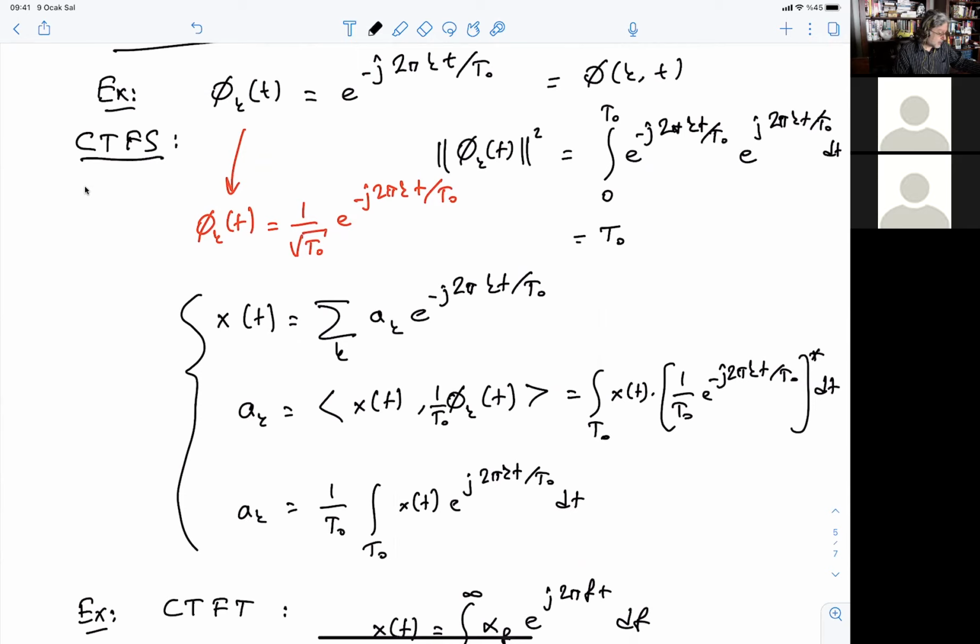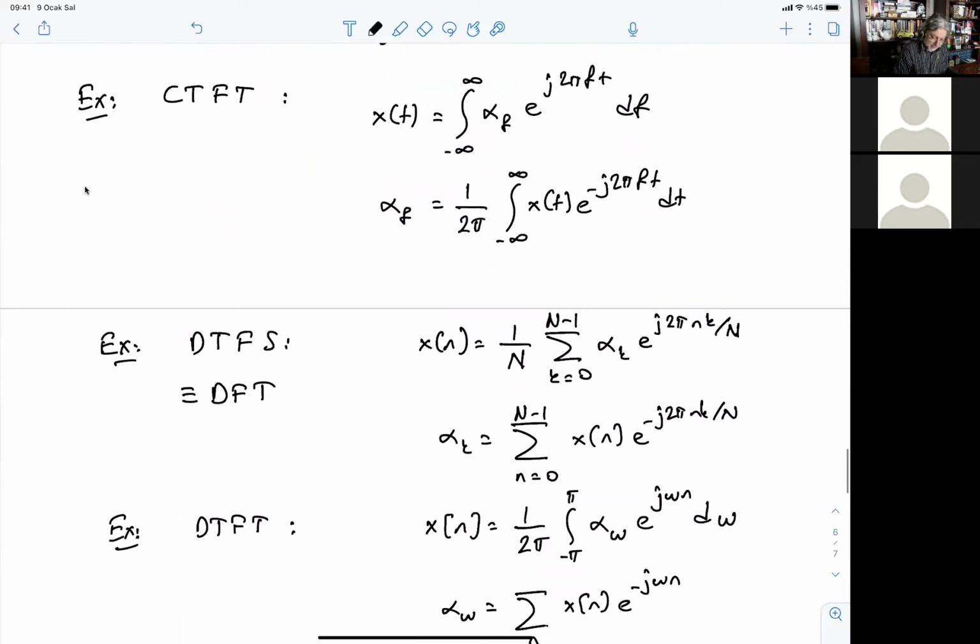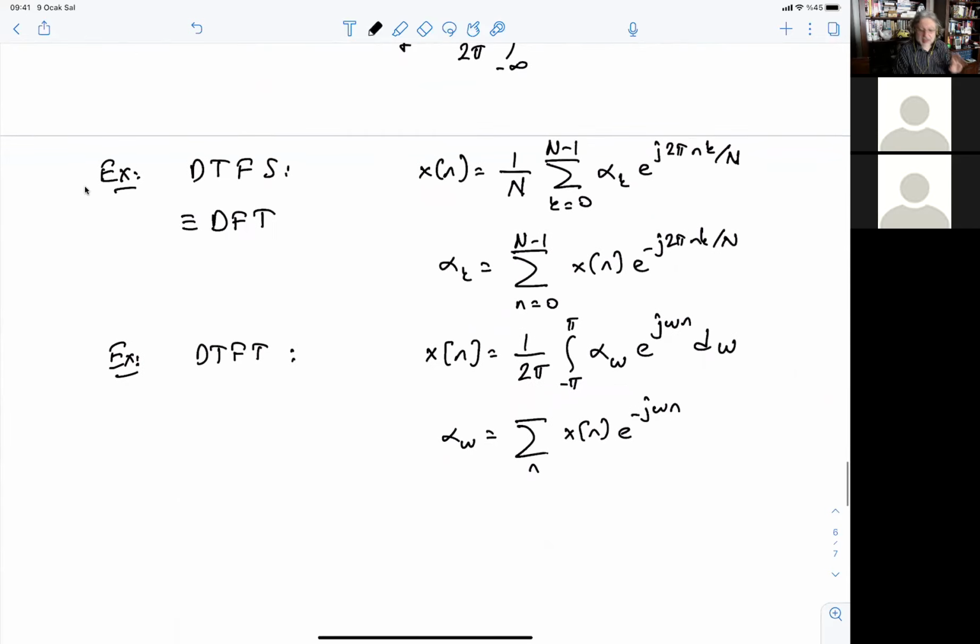But for our case, these are just examples, and we will have to continue with a more generic way of looking at mostly discrete time signals, because we will be doing compression.